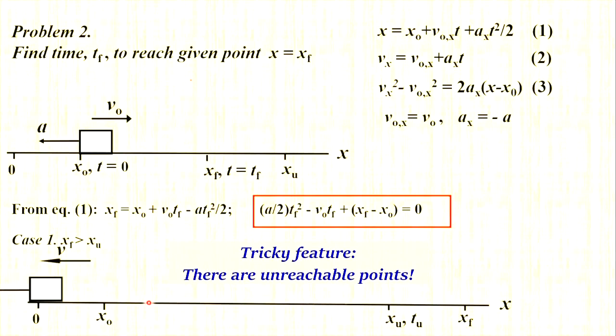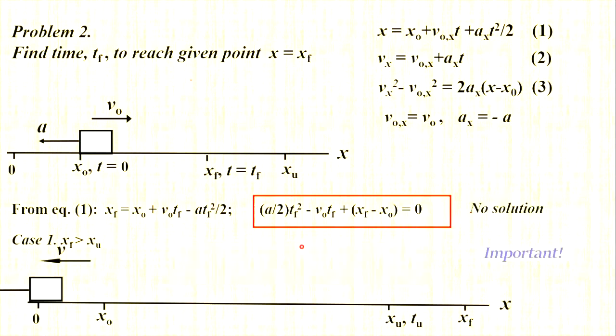So we see that in this case, the object never reaches the given point xf, and this corresponds to the equation having no solution. Or vice versa, if the equation has no solution, the point xf is to the right of the U-turn point. We finished analysis of this case.